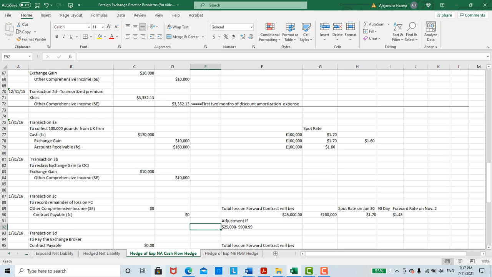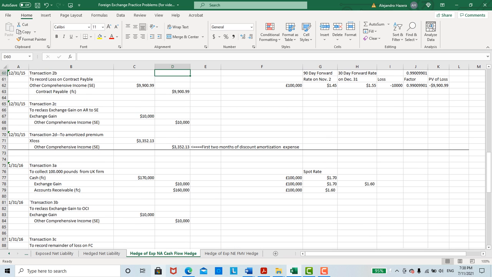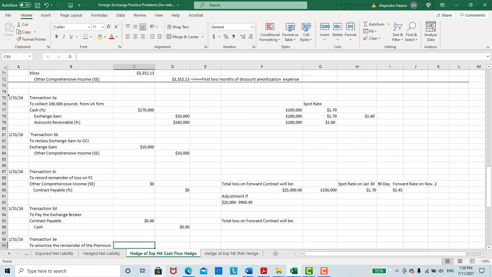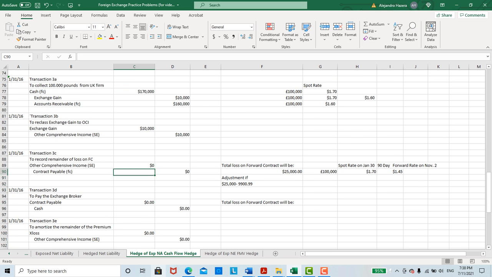Now the adjustment that we have to make: we've already recorded a loss on this transaction of $9,999.99. So the way I'm going to record this loss is the amount of the additional loss we have to record.